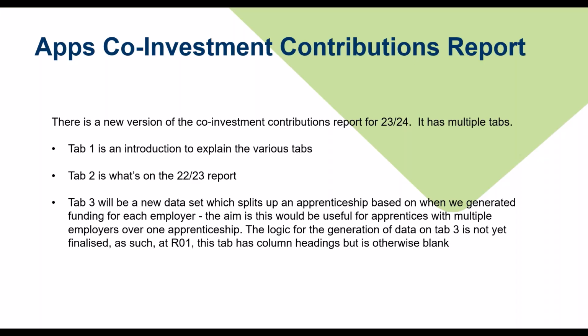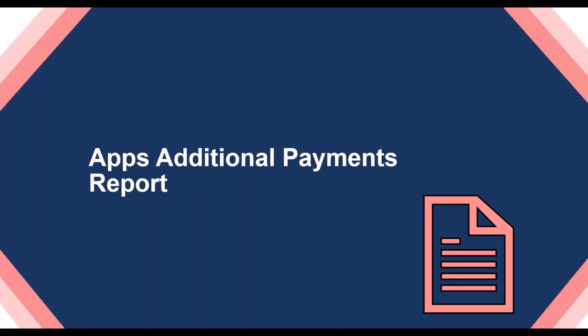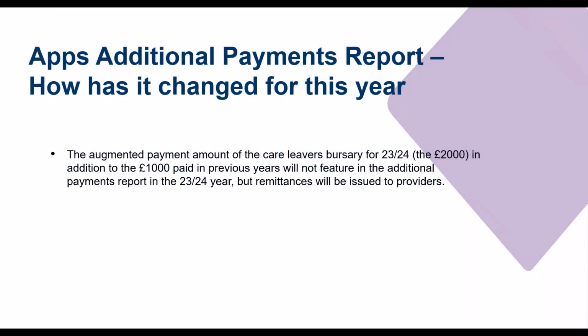So if we can move on to the apprenticeship additional payments report. Because I anticipated we might be quite tight for time, I haven't put a lot of content about this report, but it will only show learners for whom additional payments are due.